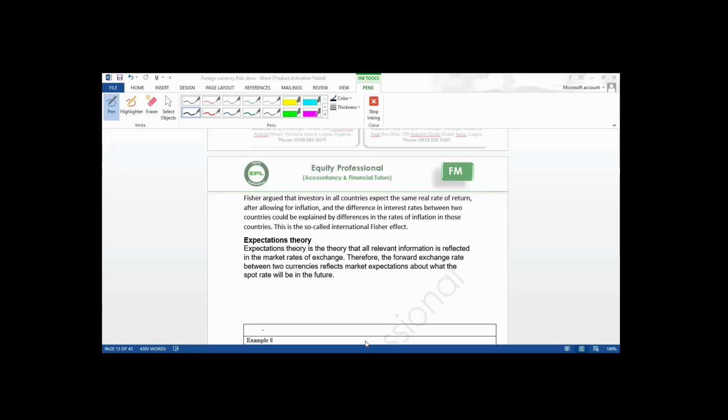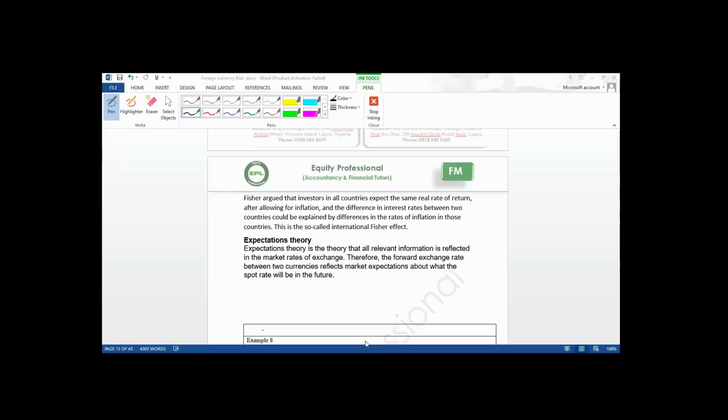The foreign currency market. At the foreign currency market, different currencies are transacted. And we have market participants.